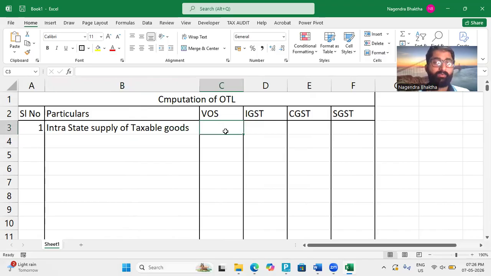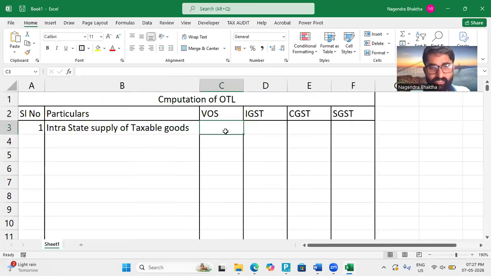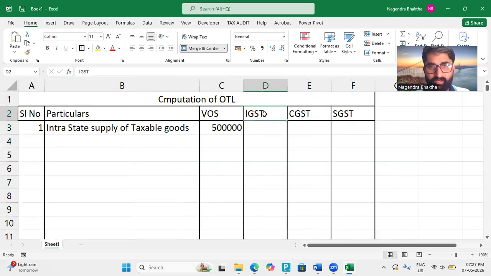Next, value of supply. How much is the value of supply? 5 lakh rupees. It is provided that it is intrastate, so it is completely CGST and SGST, and IGST is not applicable here. Correct? IGST will not be applicable. Let me put the format properly. Wait a second.